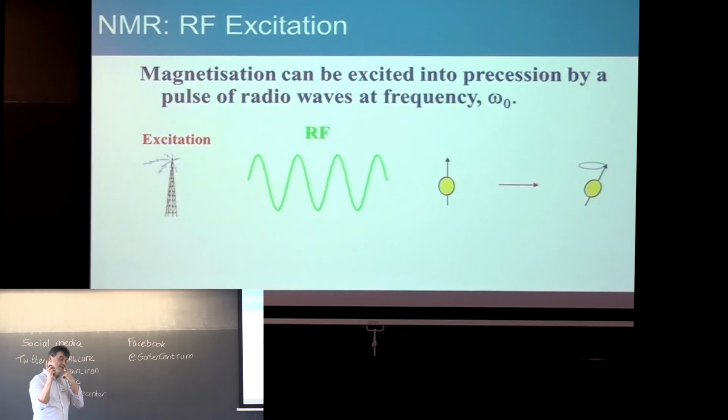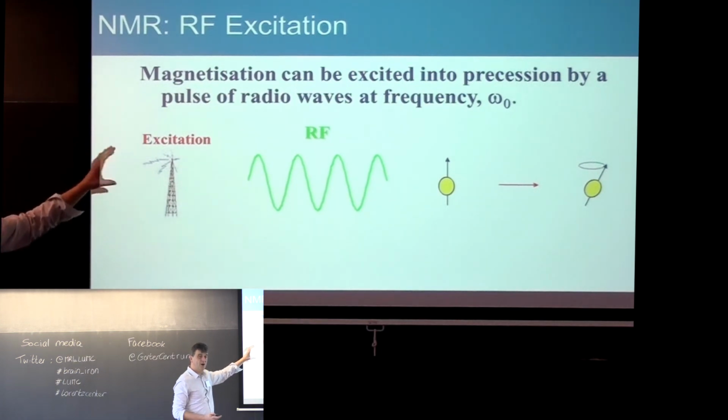The equilibrium state is the magnetisation aligned with the field, but once the magnetisation is perturbed from alignment, it goes into precession. How do we perturb it from alignment? We do that by applying radio waves.